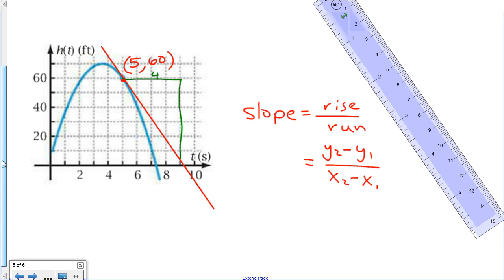But really what I need to do is come up with a name for this point right here that this tangent line goes through. So I already know it goes through this point up here at (5, 60). If I can find this point here, that will give me 2 points, and I can find the slope of this line. So I know the x value there because I chose the run, it's at 9. And the y value there, I'm going to have to approximate.